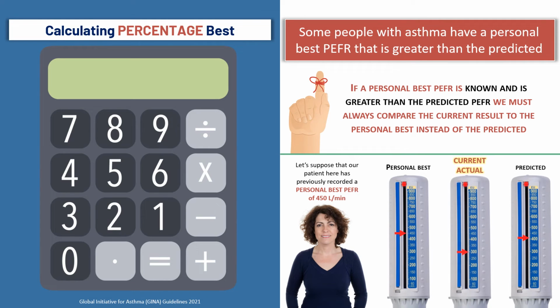So at this point, when she then blows a current actual one, which is 300, we've got to then recalculate because this might be a signal that her asthma is actually worse than previously thought. So you do exactly the same equation, it's just that you use personal best rather than predicted. And at this point, we've discovered that actually a percent predicted is now lower than previously calculated.